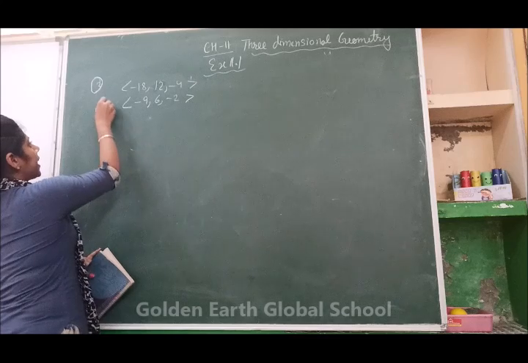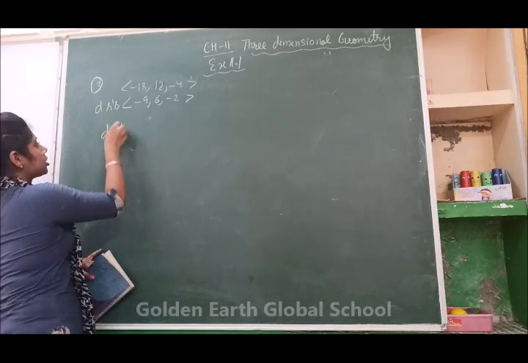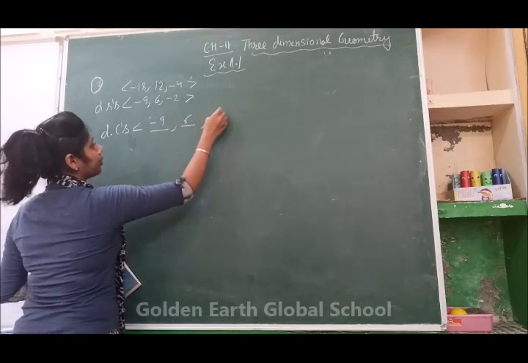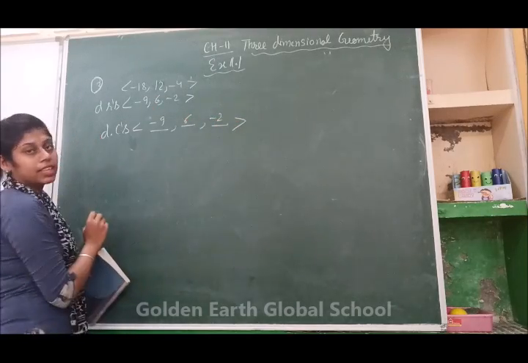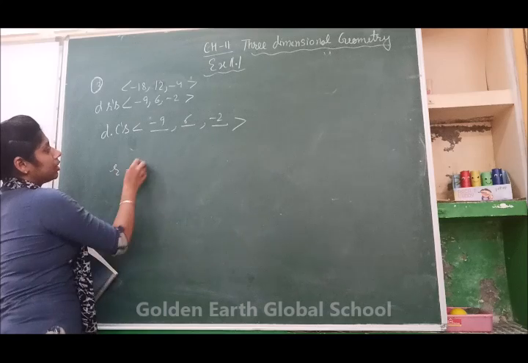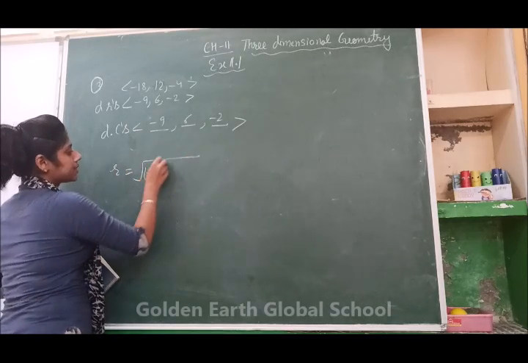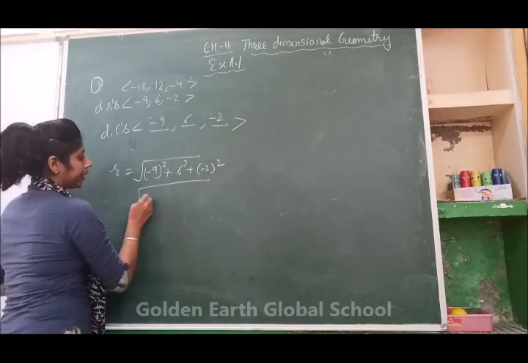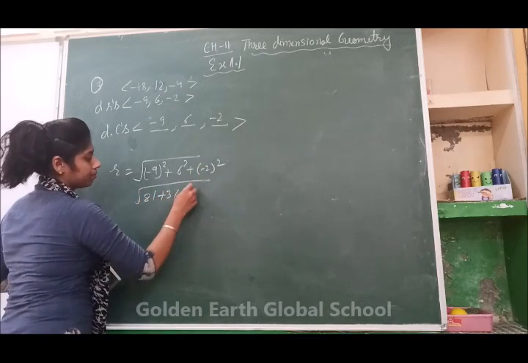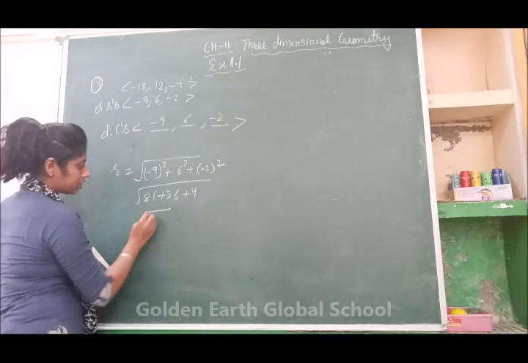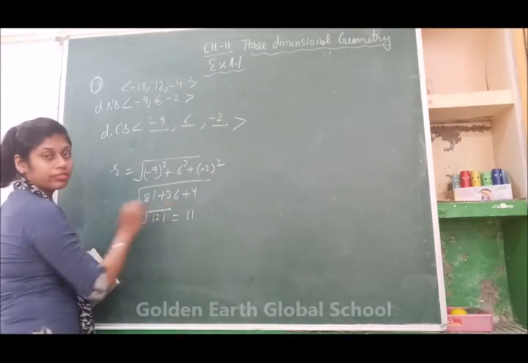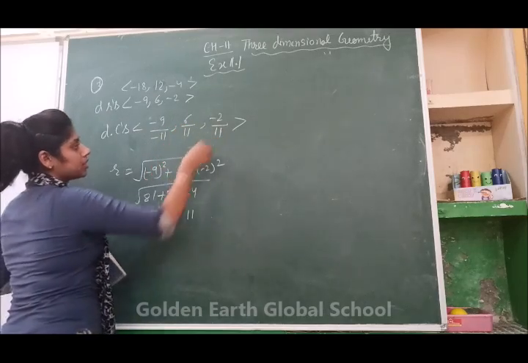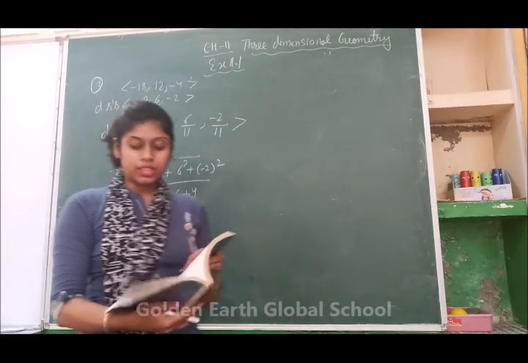Now to find the direction cosines, divide each term by its magnitude. Let the magnitude be r: minus 9 square plus 6 square plus minus 2 square, which is 81 plus 36 plus 4. On addition we get 121, whose square root is 11. So the direction cosines are minus 9 by 11, 6 by 11 and minus 2 by 11.